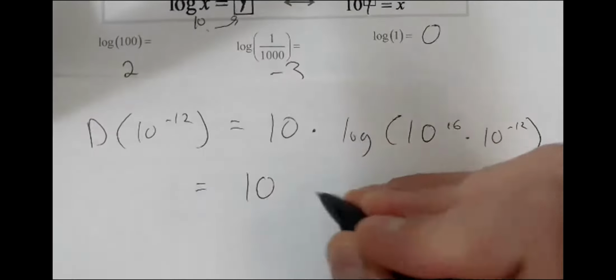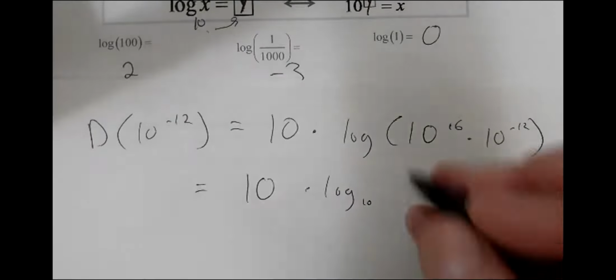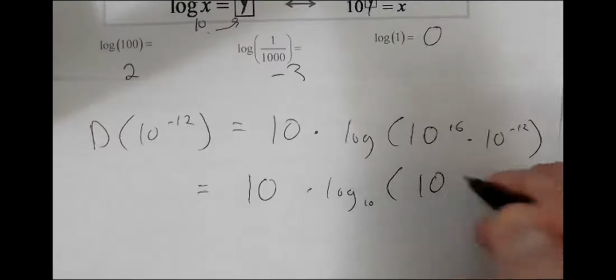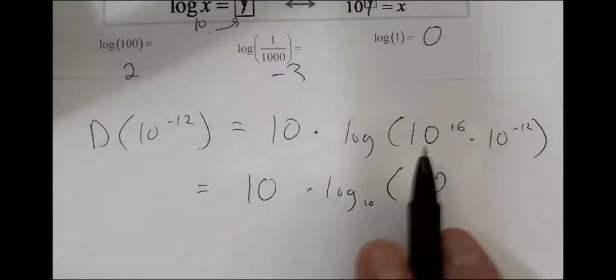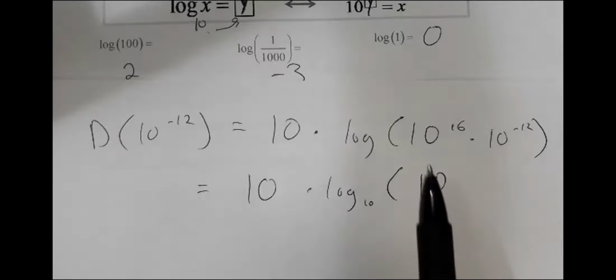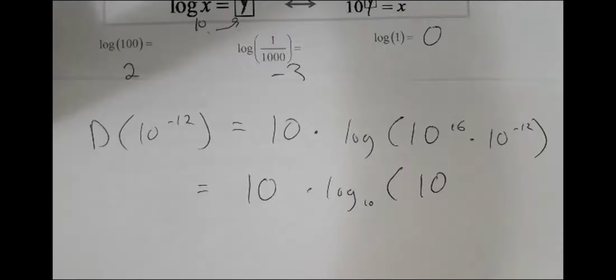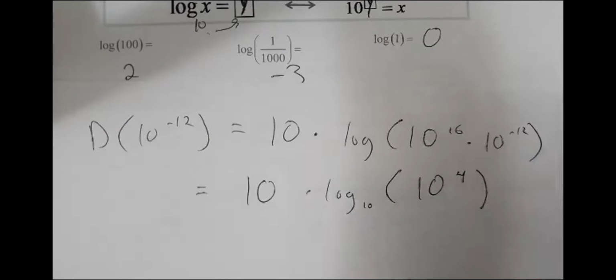This is 10 log base 10 over here, and I have 10 to the 16. Now, if I multiply like bases, I have to add the exponents. So 16 plus a minus 12 is like 16 minus 12, which gives 10 to the power of 4 here.